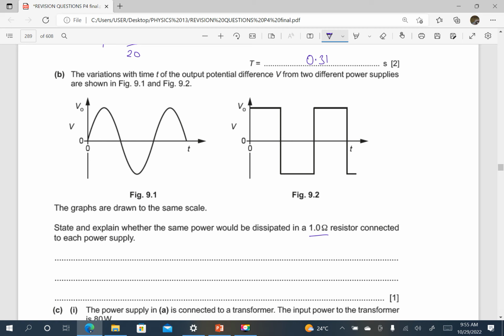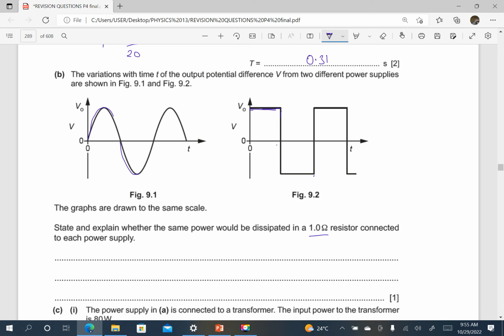Somebody may be wondering, how do you see that the root mean square values are not the same? For the square wave, the peak remains constant for a long period of time, yet this one fluctuates and varies. And this just switches from one maximum to another maximum.